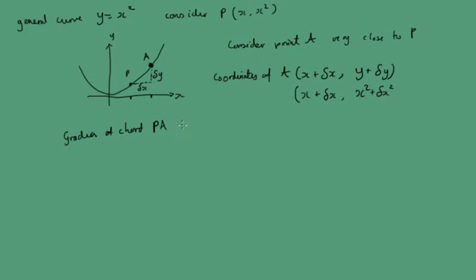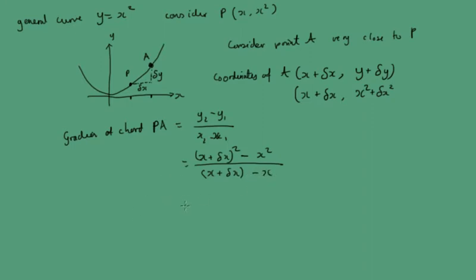The gradient of PA would be y2 minus y1 over x2 minus x1, and we can put these in, so that's going to be x plus dx squared minus x squared over x plus dx minus x.